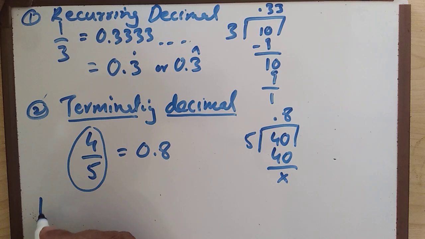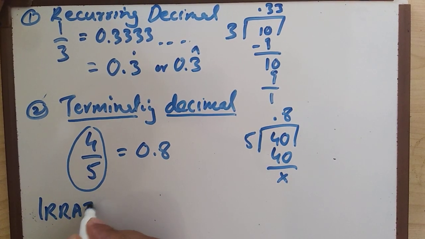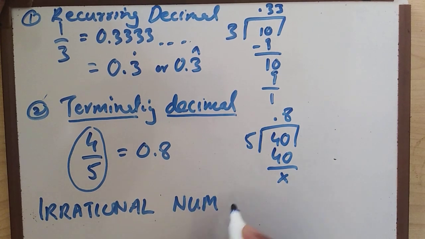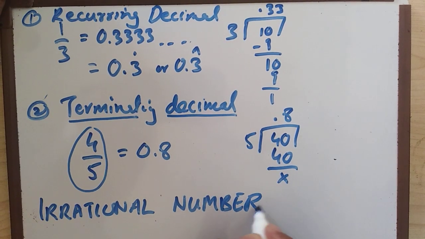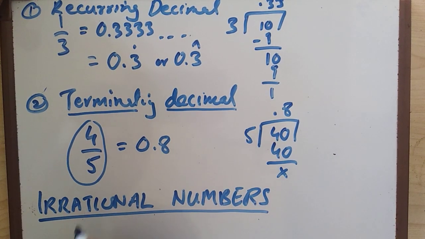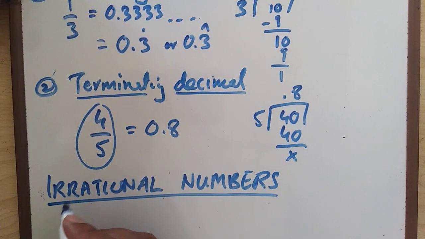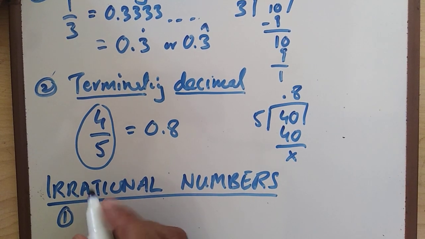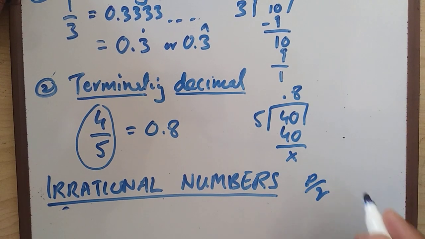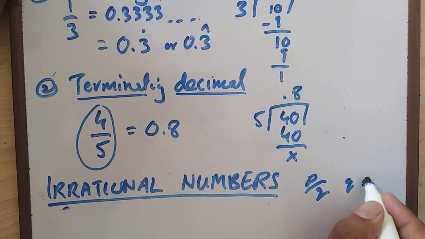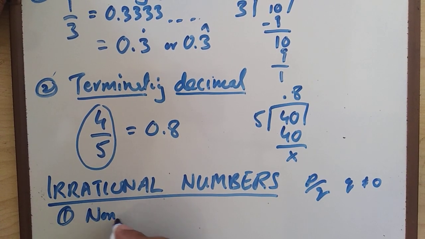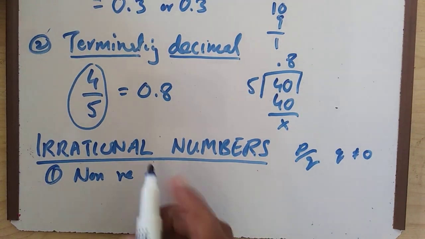And lastly, we are going to discuss irrational numbers. What are irrational numbers? Irrational numbers are those numbers which are non-recurring and non-terminating. They cannot be written in the form of p upon q, where q must not be equal to 0.